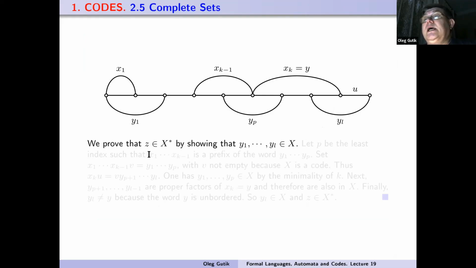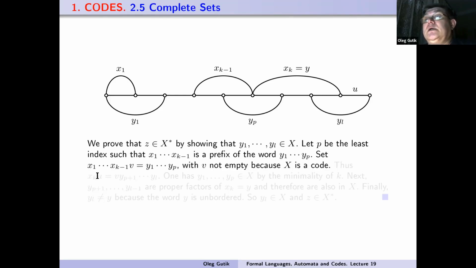We prove that z belongs to X* by showing that y1 ... yl belongs to X. Let p be the least index such that x1 ... x(k-1) is a prefix of the word y1 ... yp.